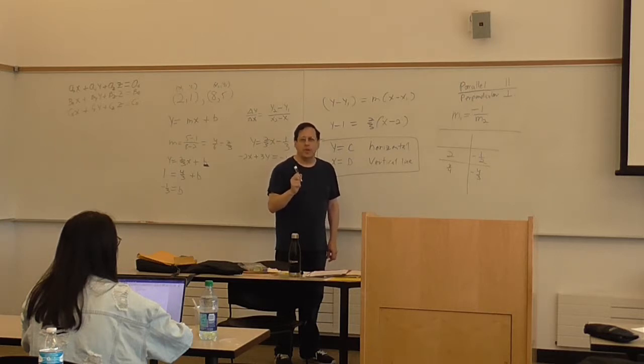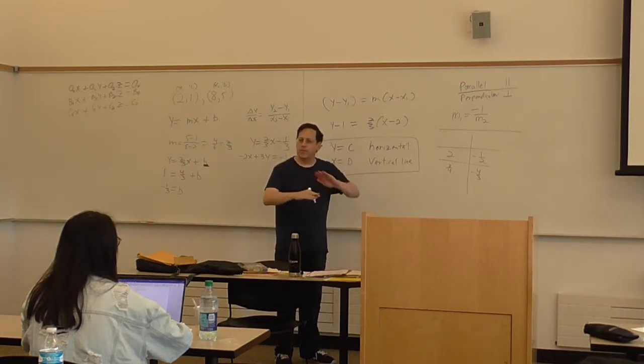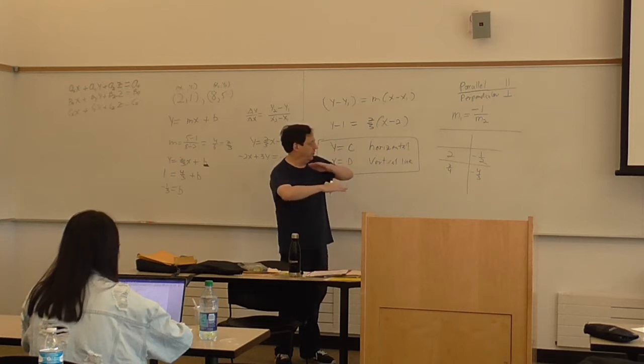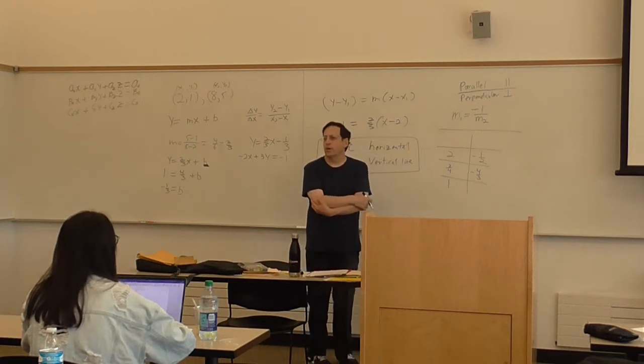This sounds so easy, yet so many students will take a quiz and they'll have a reciprocal or negative, not both. Okay, how about 1? What's the negative reciprocal of 1? Negative 1.